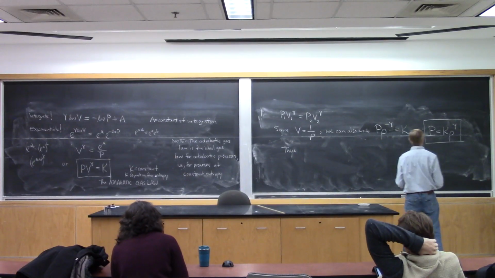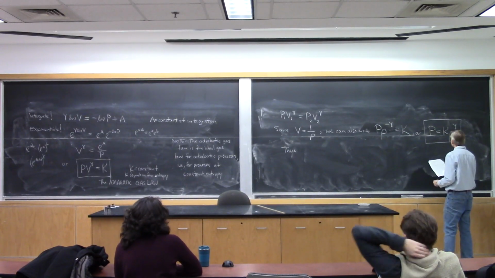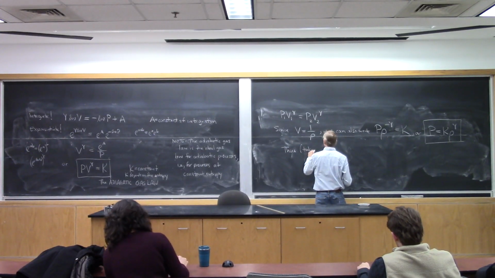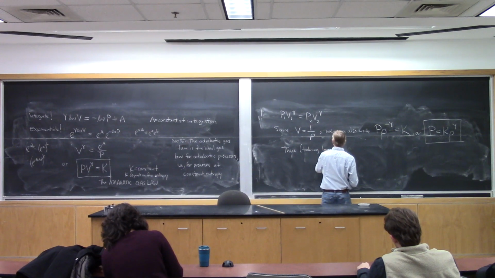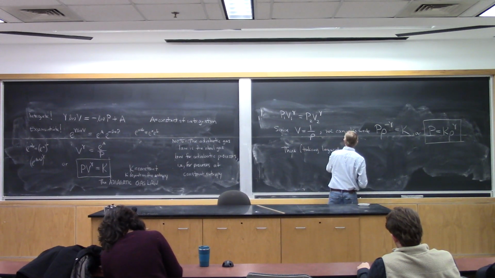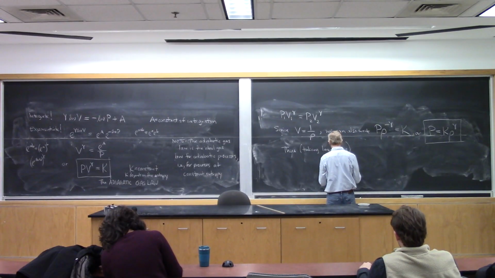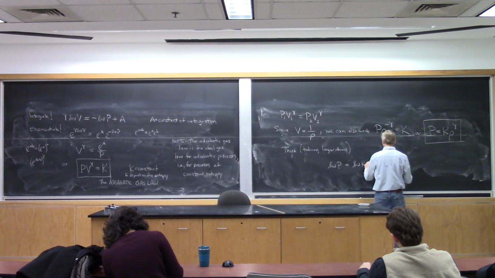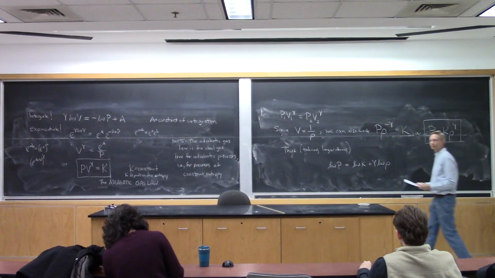All right. So let's logarithmiate here. Take logarithms of both sides. Logarithmification, something like that. Anyway, thus, the natural logarithm of P is equal to the natural logarithm of K plus gamma times the natural logarithm of the density.